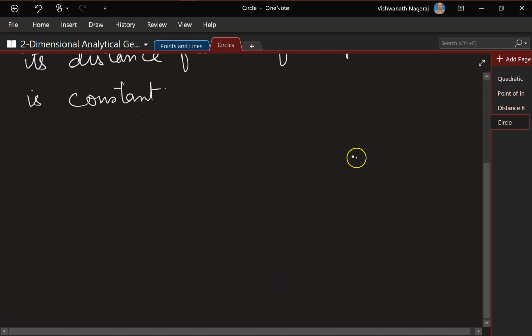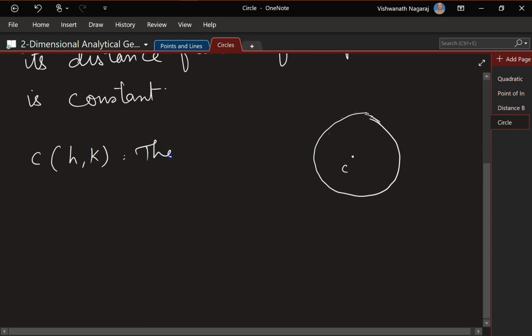So this is the fixed point, and around it a constant distance. Let me just roughly draw that. Let's say this is the circle, and this is the center. C(h, k) is the center.